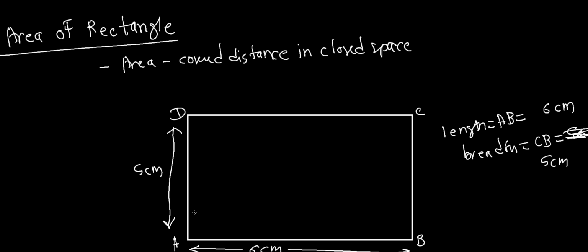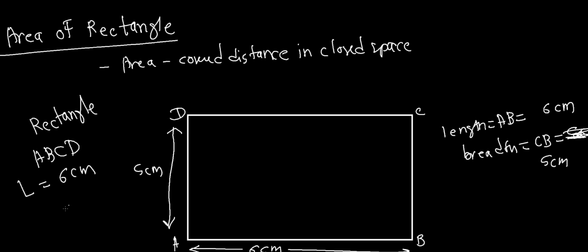Okay, so this is our rectangle ABCD with length equal to 6 centimeter and breadth equal to 5 centimeter.